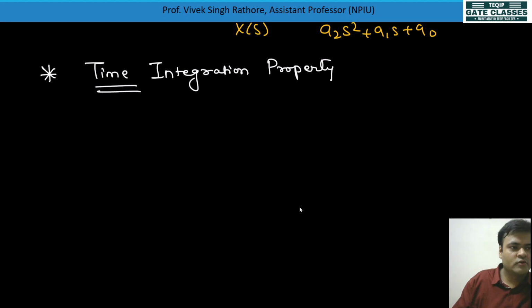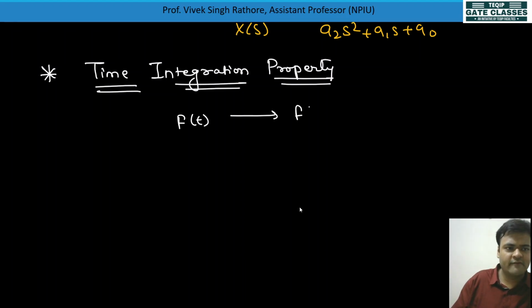Time integration property says that we will do integration in the time domain. If the Laplace transform of f of t is F of s, then if we integrate from minus infinity to t, f of t dt, what will happen?